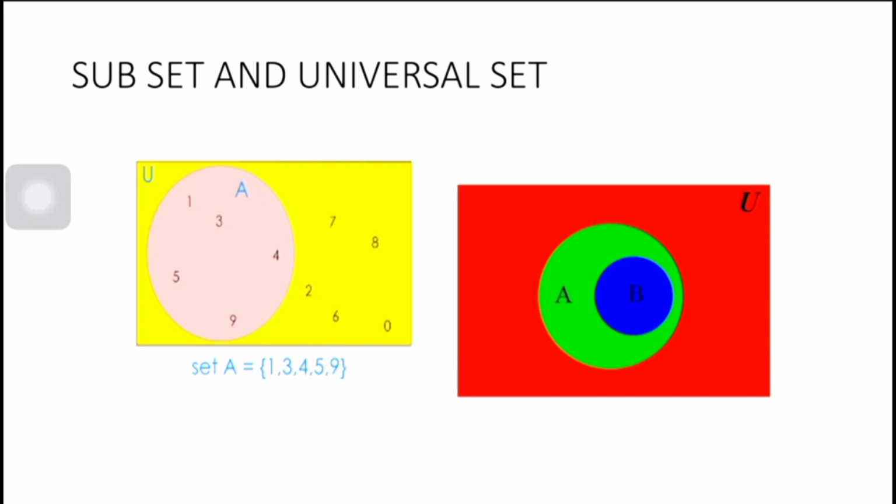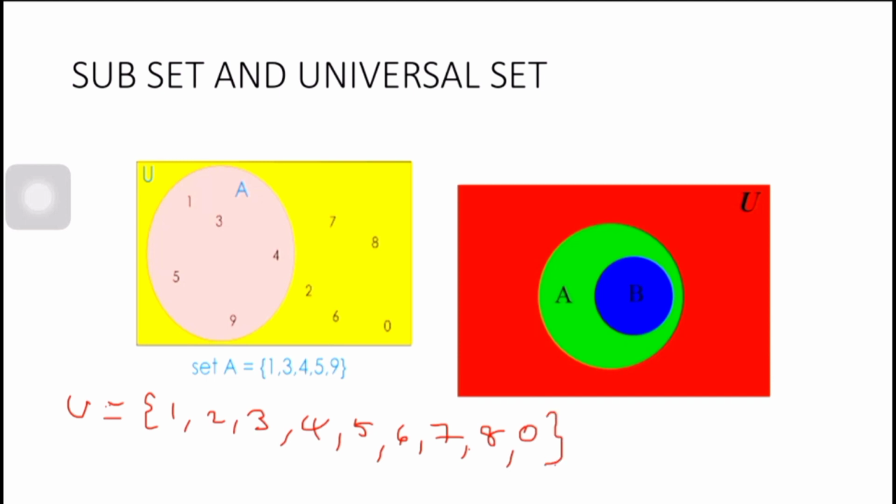See, here are two situations. In the first situation, U is a universal set and A is a normal set. Here U is equal to the set of 1, 2, 3, 4, 5, 6, 7, 8 and 0.